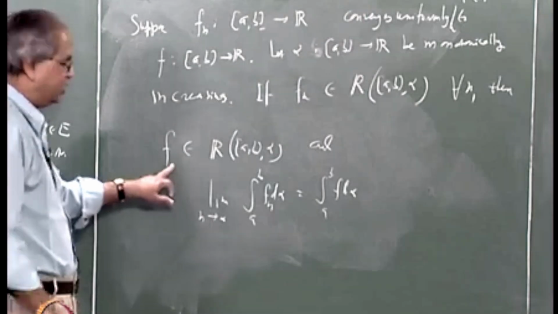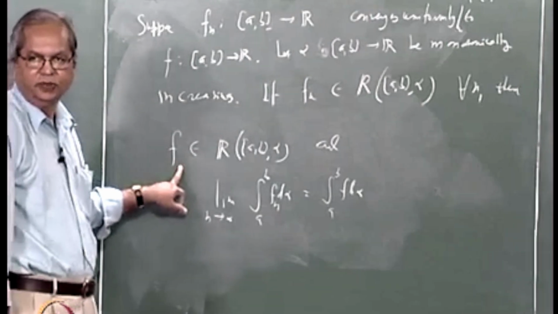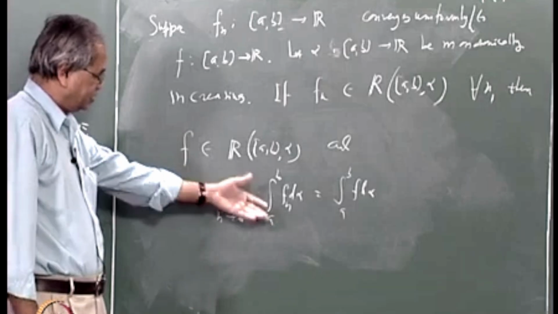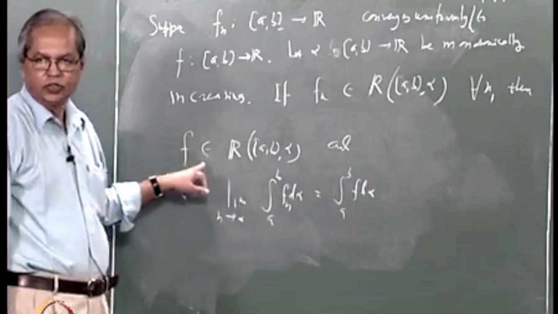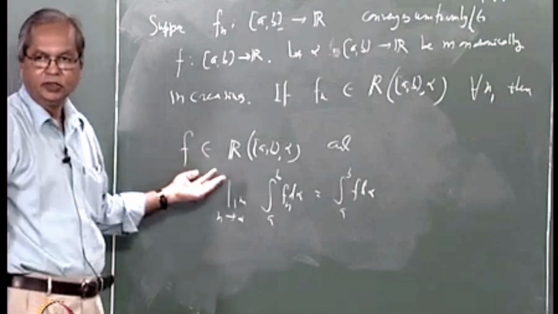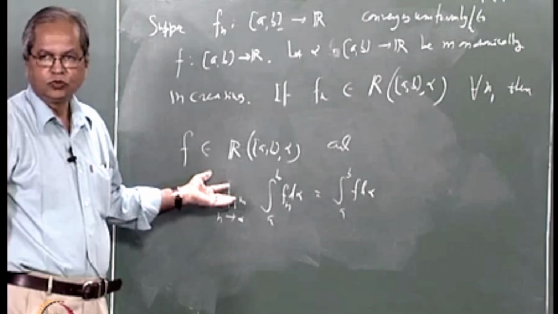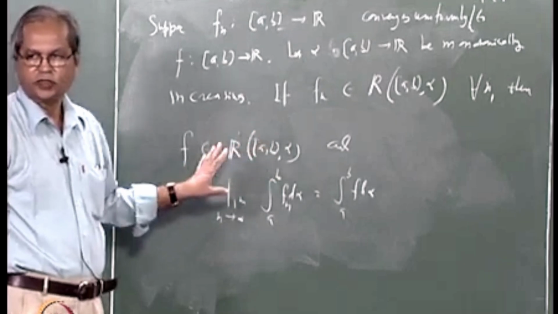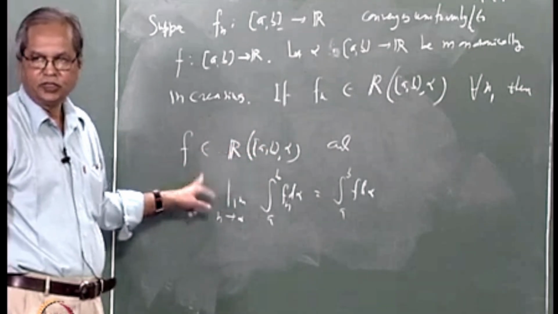First, we have to prove that f is Riemann-Stieltjes integrable, and then we also have to prove the limit statement. The other thing we shall see later. To prove f is Riemann-Stieltjes integrable, one of the standard techniques is that given epsilon, you should produce some partition such that for that partition U(P,f,alpha) minus L(P,f,alpha) is less than epsilon. That is what we shall try to do.